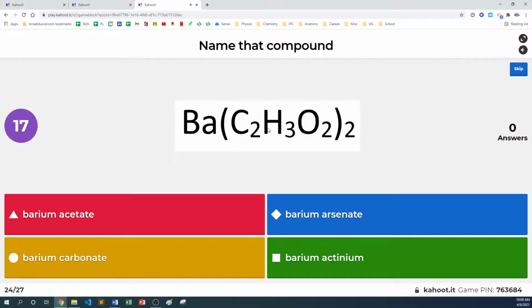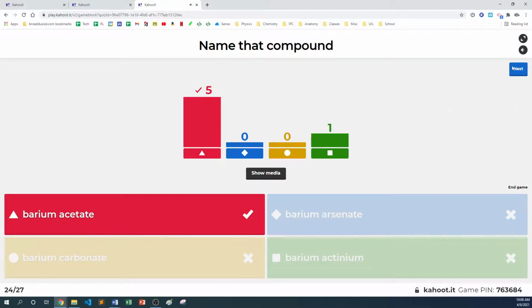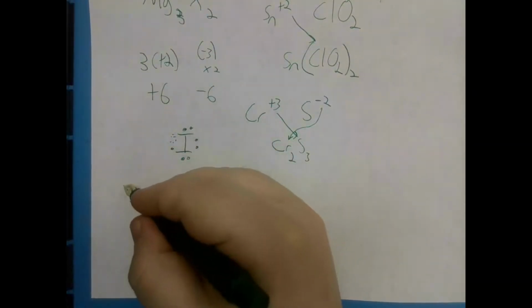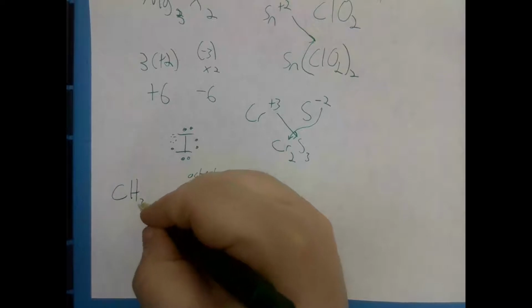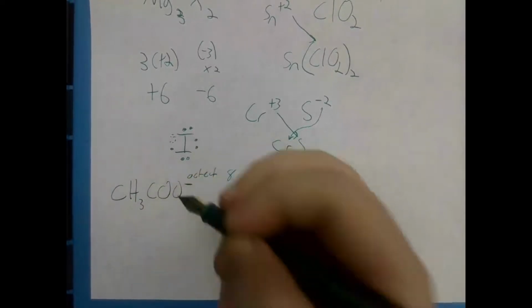This is acetate. It's usually not written like that. Acetate ion is usually CH3COO negative.